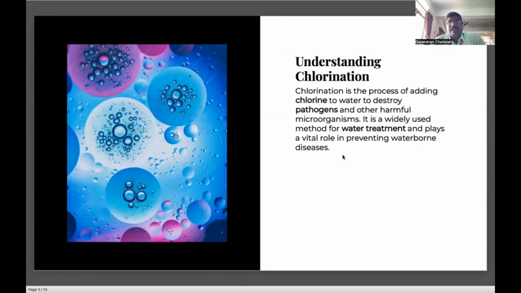Chlorination is the process of adding chlorine to water to destroy pathogens and other harmful microorganisms. It is widely used in methods of water treatment and plays a vital role in preventing waterborne diseases. We use treated water for the water supply system, especially for domestic purposes.